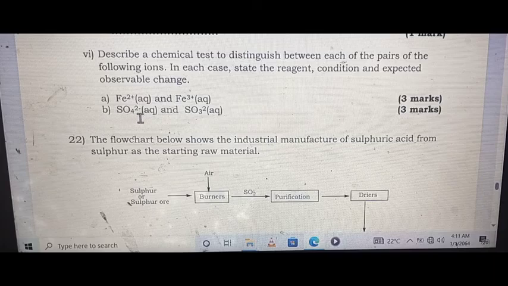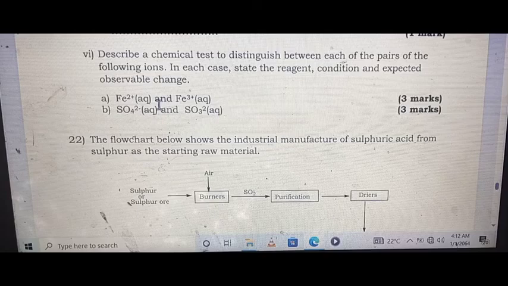B. Sulfate ion and sulfite ion. The correct answer: when we take a compound of sulfate ion and add the reagent barium chloride and dilute hydrochloric acid, we get a white precipitate that is insoluble.